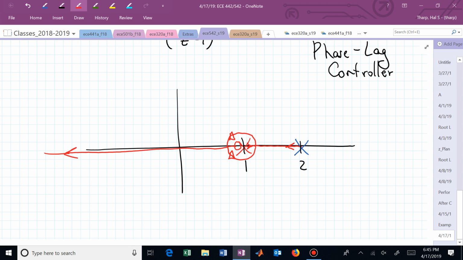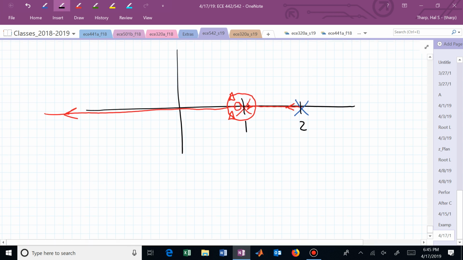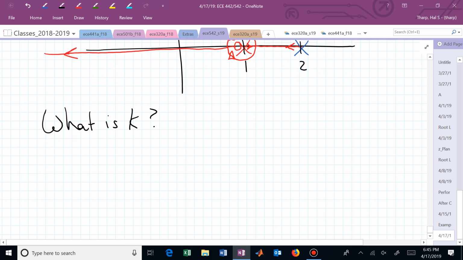And what is K? K, we use the magnitude condition to solve for K. So I'll maybe do that offline since we're running short of time. Now you want to get in the hall and start talking. But we can calculate K based on the magnitude condition, and then we have our design finished.